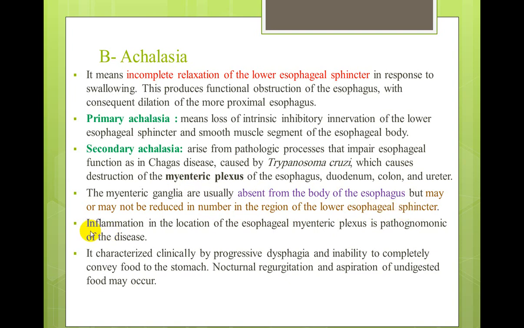So there is destruction of the myenteric plexus, either because of the presence of this protozoa or because of the metastatic cancer into the lower portion of the esophagus. Both of them result in massive inflammation in the site of the esophageal myenteric plexus, and this is pathognomonic for the disease.